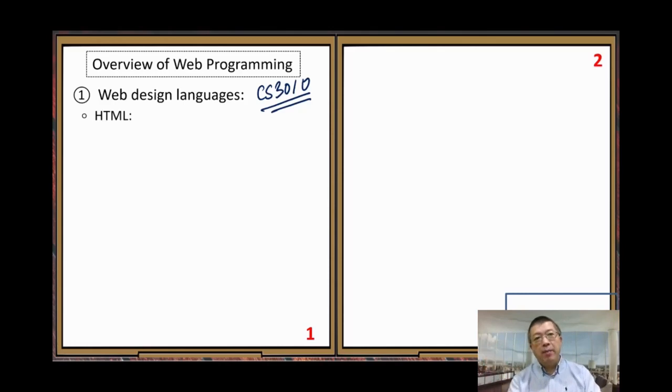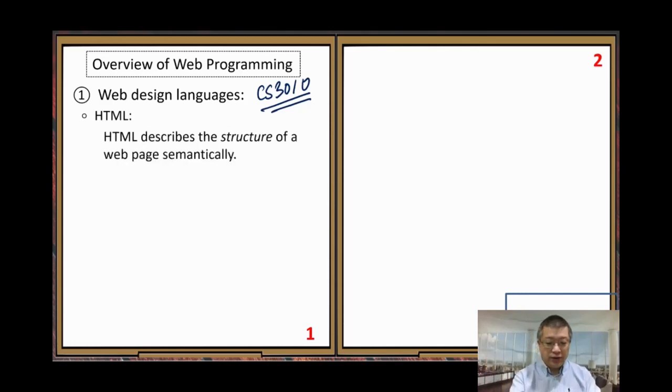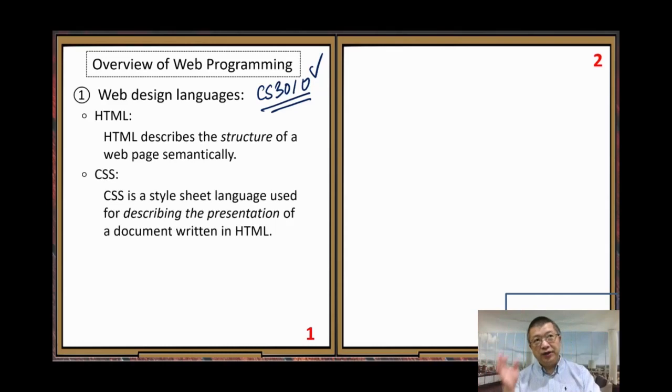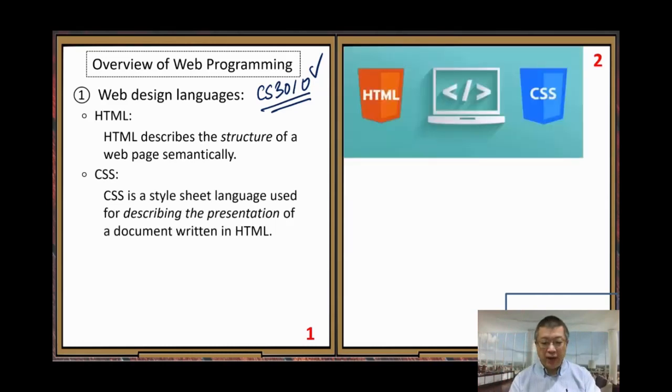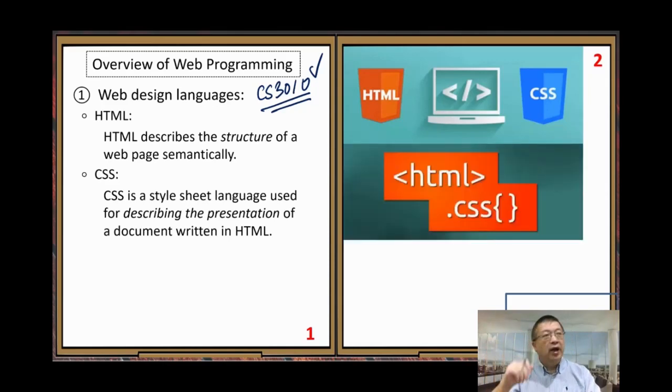First, HTML. So this part, you have the knowledge from 3010. Another one, CSS. So this part, you have the basic knowledge from that 3010. Here, I just talk about that because at the client side, when we display our business data, we need to use these two languages for static content.